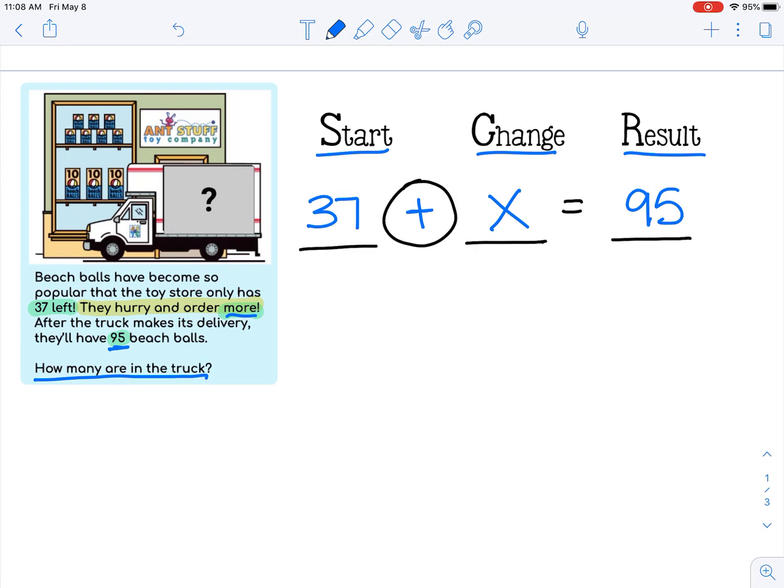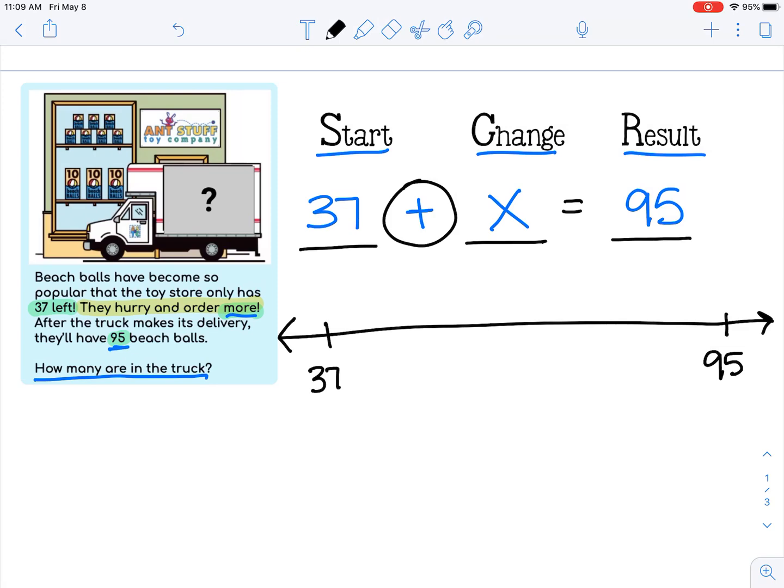There are a couple of ways that you can solve this, and I will show you two ways. The first way, on a number line, is like this. If I start with 37, I want to end up with 95. So I'm going to put that on the other side of my number line. Now I need to figure out how many jumps it's going to take me to get to 95.